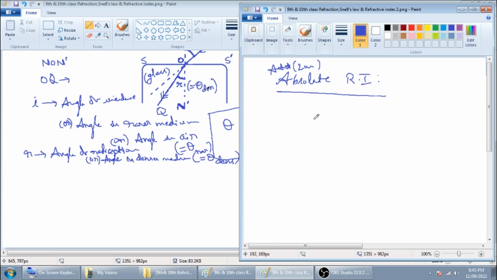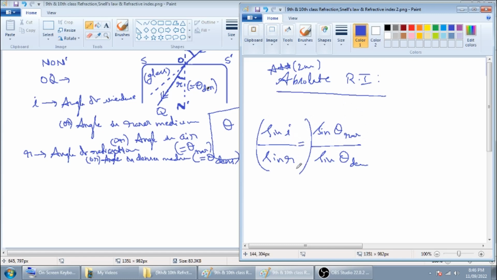So here, by the definition of refractive index, or by the statement of Snell's law, we already saw that sine of the angle in the rarer medium, theta rarer, divided by sine of the angle in the denser medium, which is exactly sine i divided by sine r, as we saw in the actual statement of Snell's law.